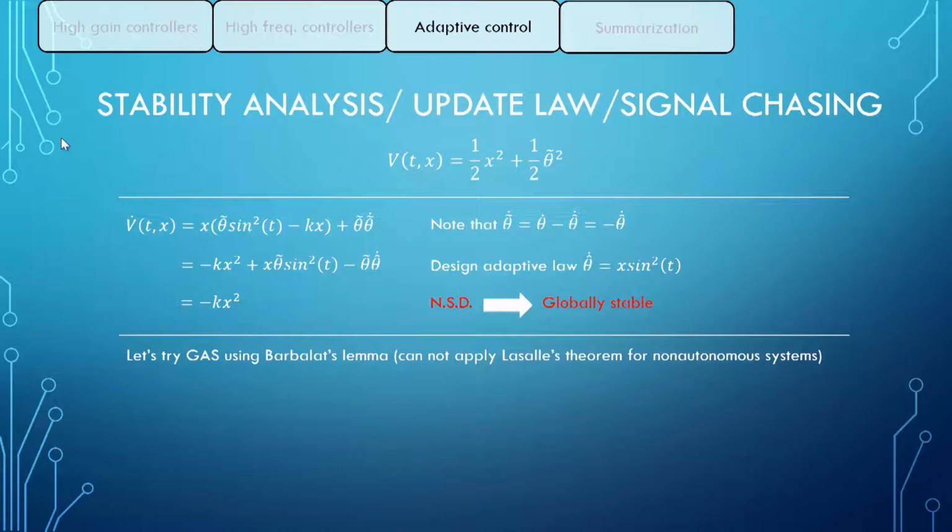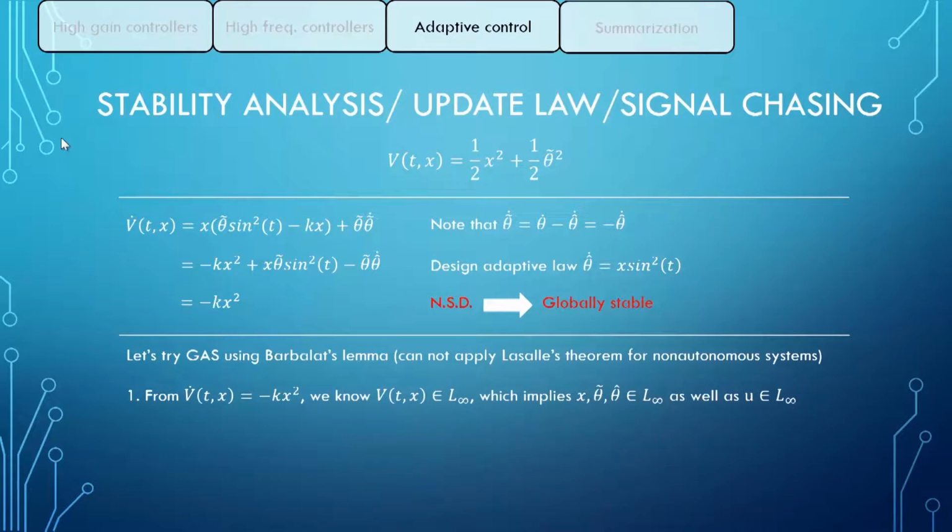Barbalat's lemma was not in midterm 1, so I guess you haven't reviewed it yet. Basically, from here, we can say V dot is equal to this, minus k x squared. And we want to find that x will converge to 0. We use Barbalat's lemma.